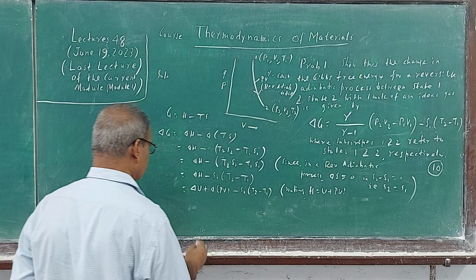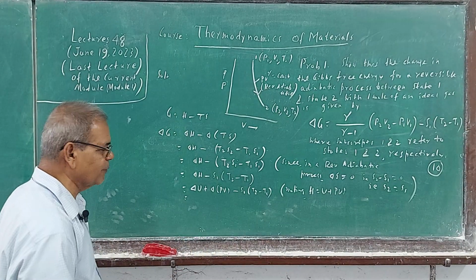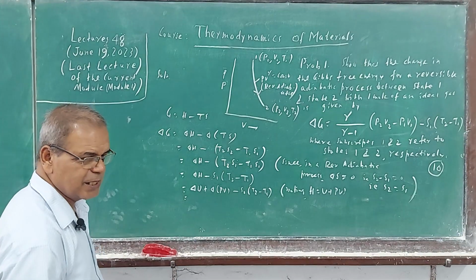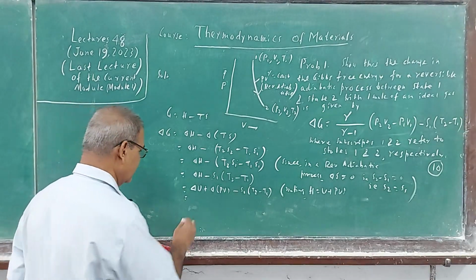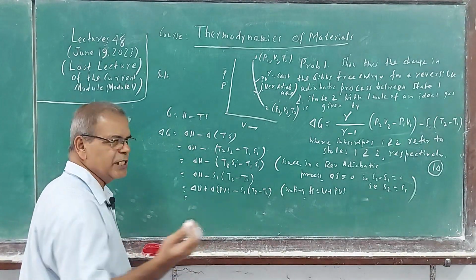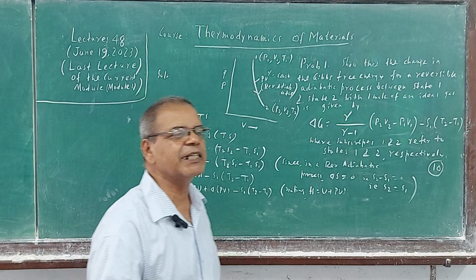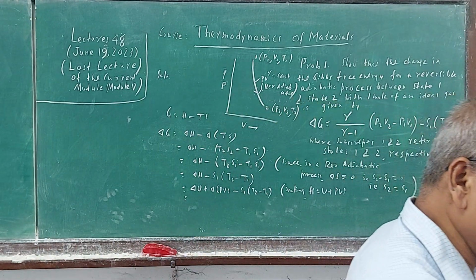Happy? Delta U, we know this delta U is what? Cv delta T. Delta U is Cv (T2 minus T1). We can write that. dU is n Cv dT, so n Cv delta T, for which process?